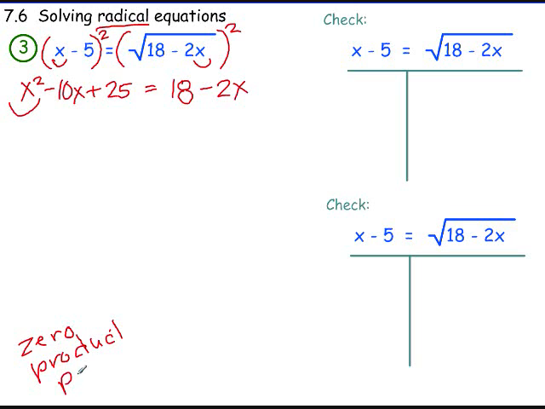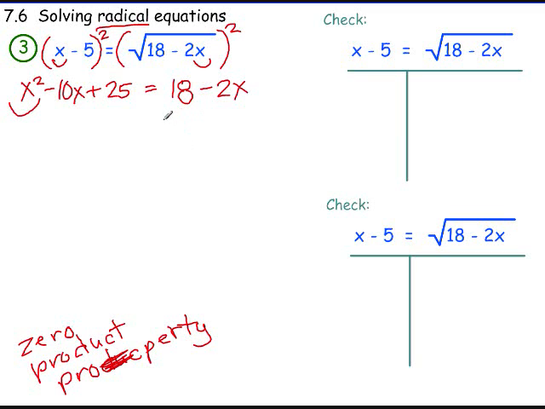I love this because its name tells you exactly what you have to do next. Zero product property. I got a little carried away with the product. Whoops, but it didn't get its T. So zero product property, which means I need a 0 on this side, which I obviously haven't got.